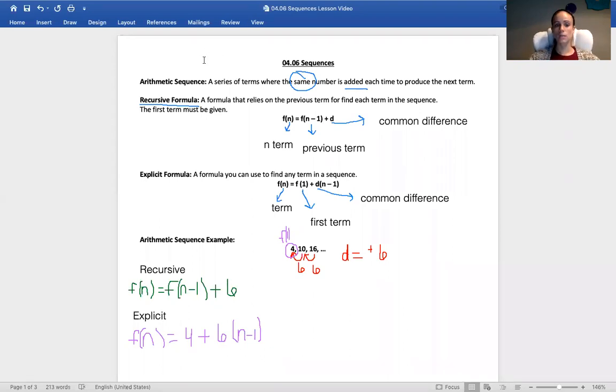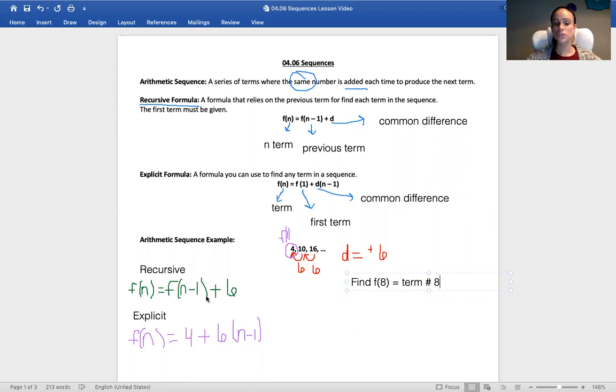Now we are going to take a moment and find the 8th term of the sequence. Find f, so the 8th term, so find f of 8. So that means term number 8 is what we're searching for. We can use either the recursive formula or the explicit formula for this.